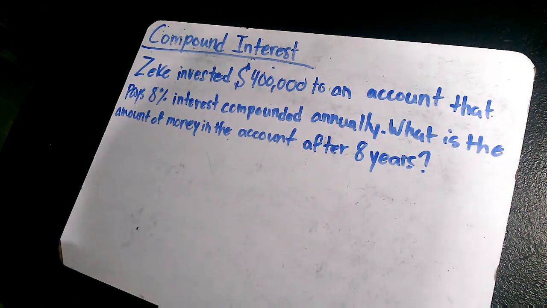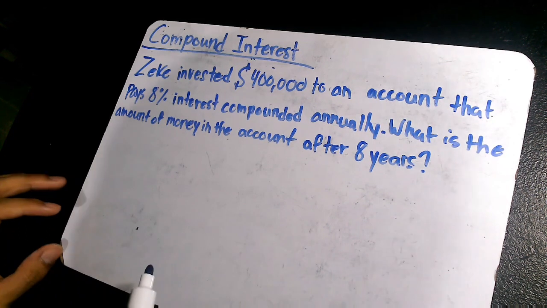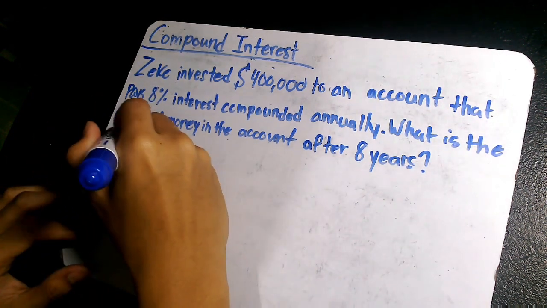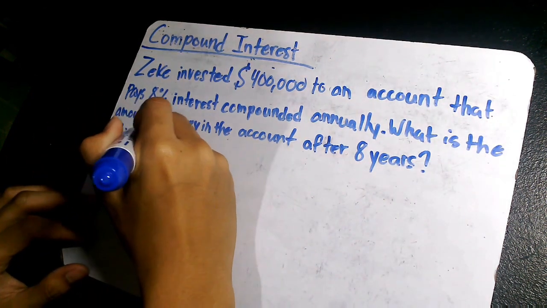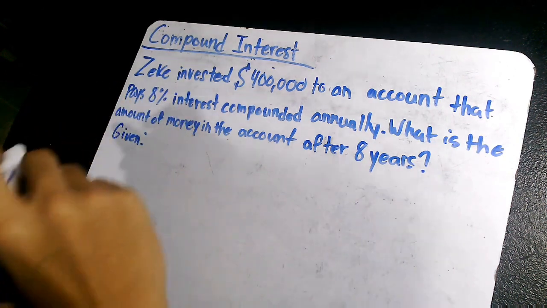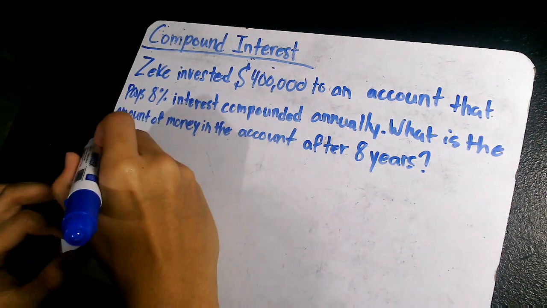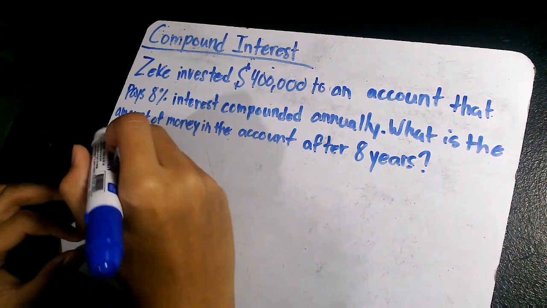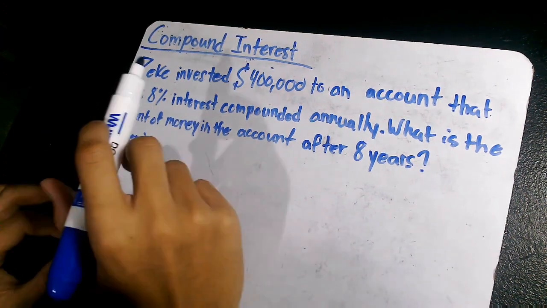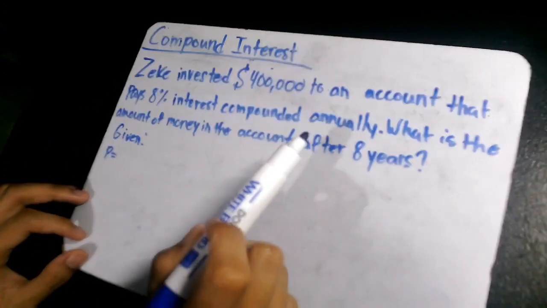And as usual, we should first identify the given information and properly sort them out. First, we should look for P, which is principal amount. Zeke invested $400,000 to an account. Then, principal amount is $400,000.